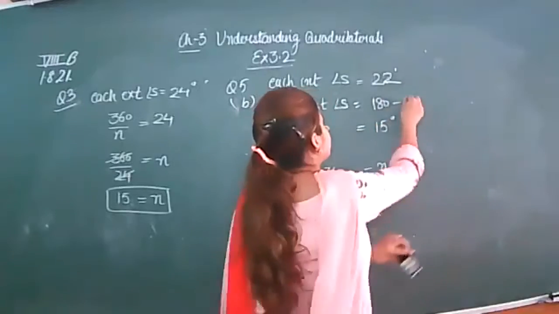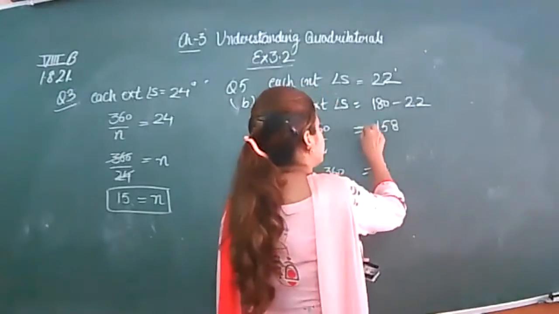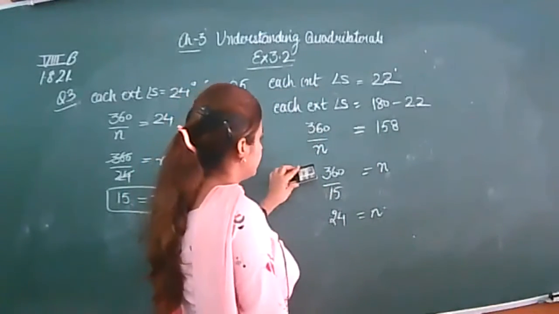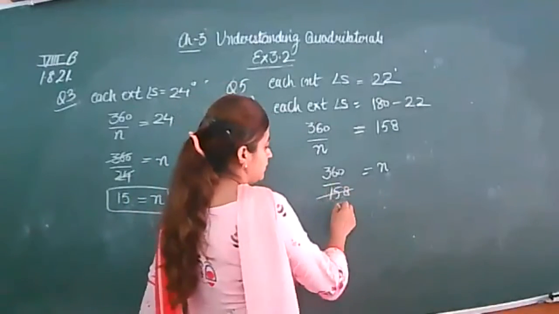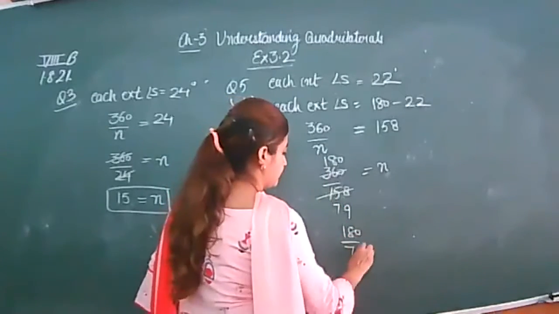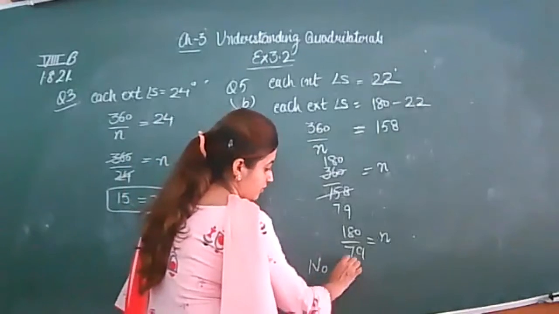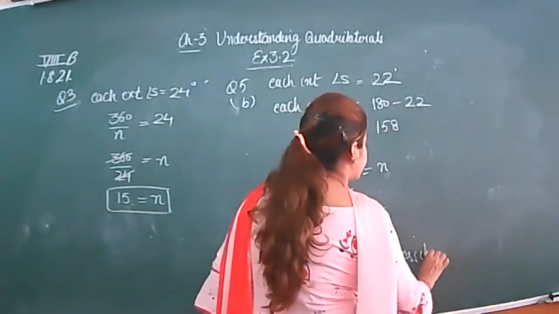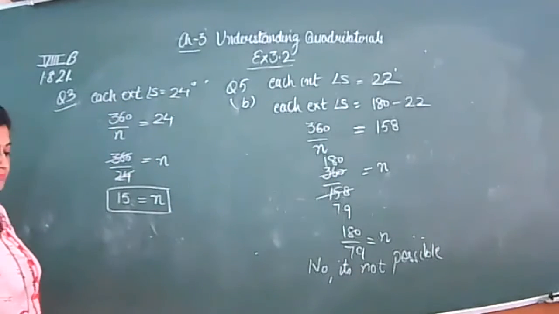Exterior angle will be 180 minus 22, that is 158. Check it. Is it divisible? No, it's not possible. If the exterior angle was not possible, then the interior angle will also not be possible.